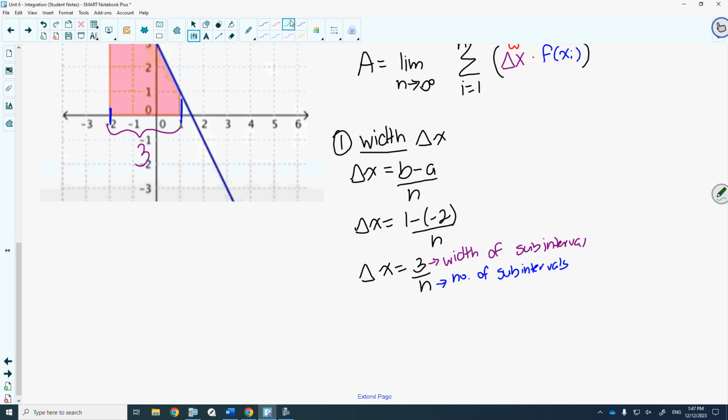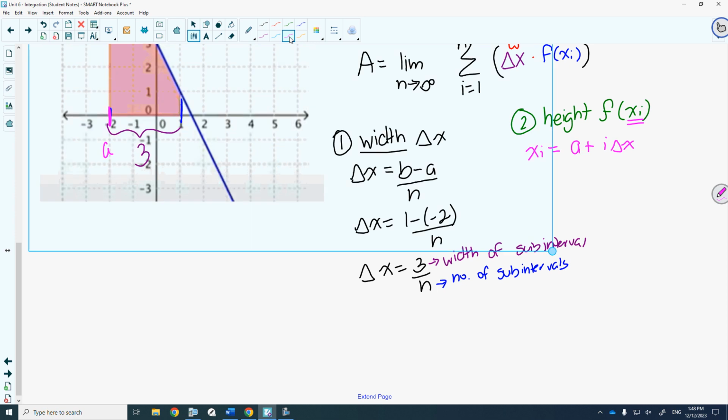The second step after we calculate width is to calculate the height. The height of a rectangle is given by the function when we sub in x sub i, so it's f of x sub i. First you have to figure out what x sub i is. The formula is a plus i delta x. a is where we're starting, so we're starting at negative 2.